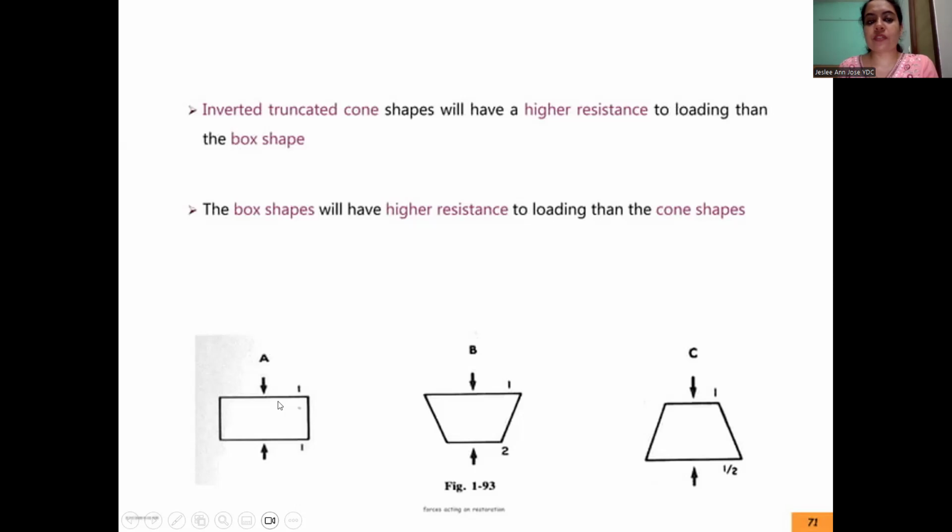Now next is the box cavity. The box cavity preparation will have higher resistance to loading than the cone shape because it has a broader surface area.